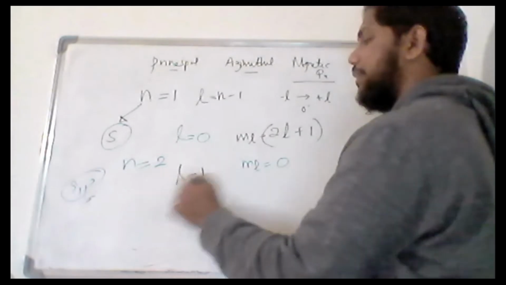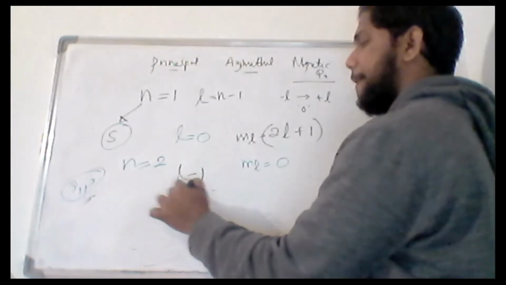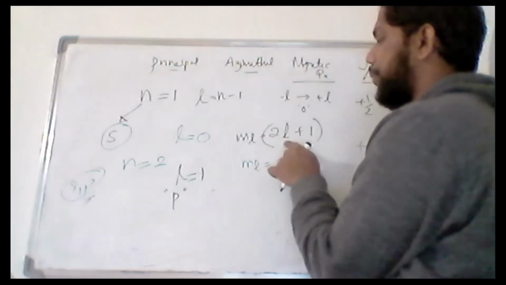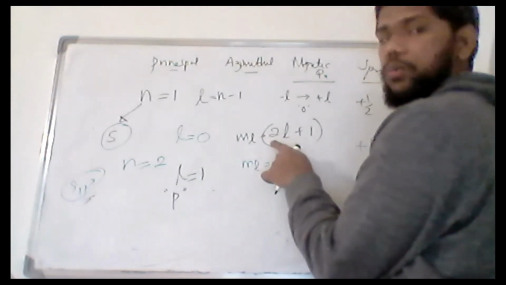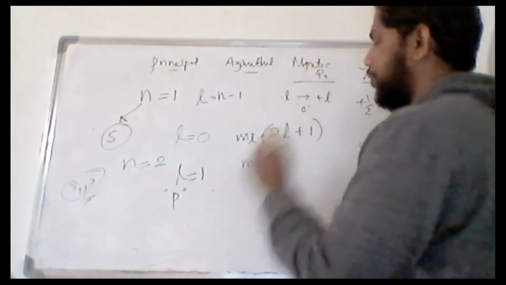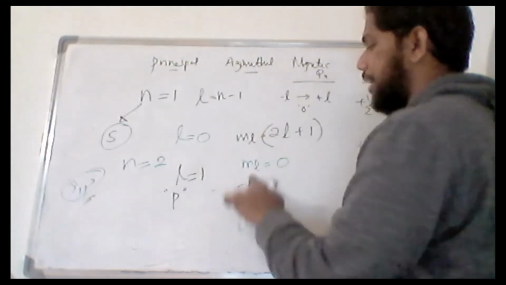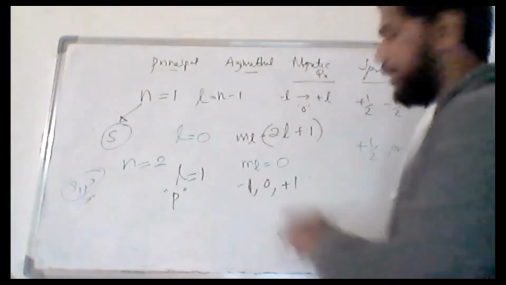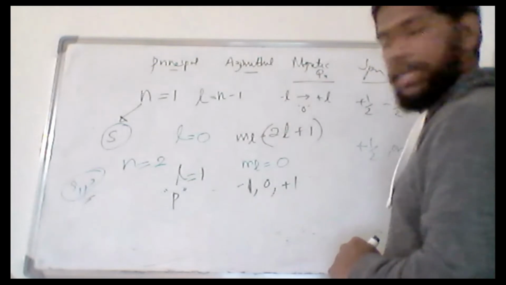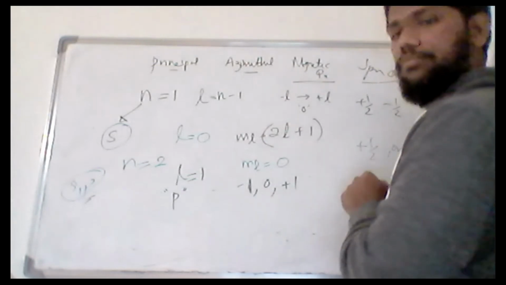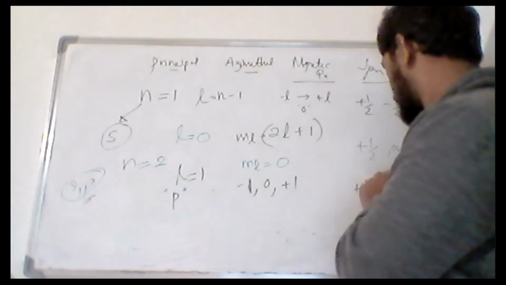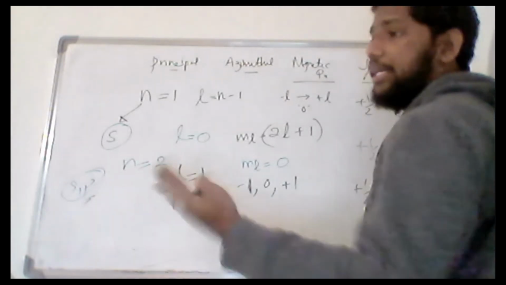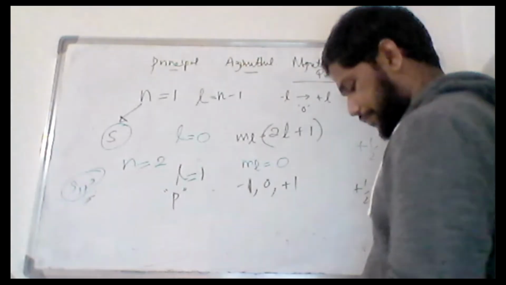So remember, L is equal to 1 for P. So if L is equal to 1, according to this equation, 2 into 1 plus 1 means 3, which you know goes from minus 1, 0, plus 1. So these are the 3 values. Okay. And here again it will be plus half or minus half based on the electron P1 or P2 or P3. Px, Py, Pz, you can decide.